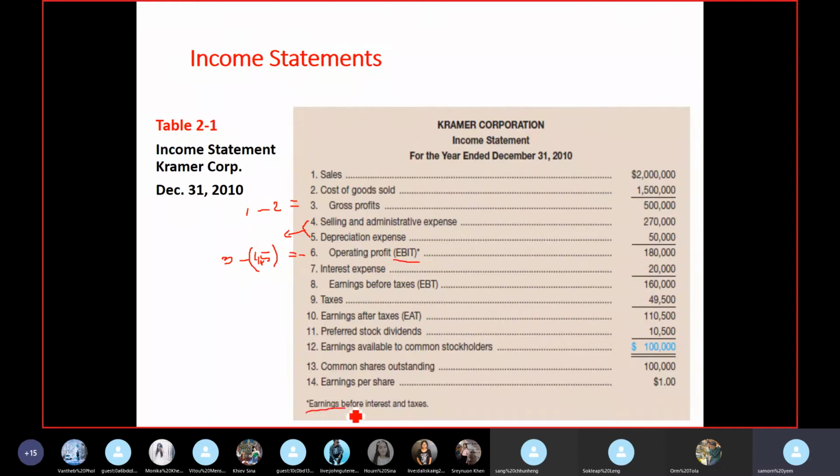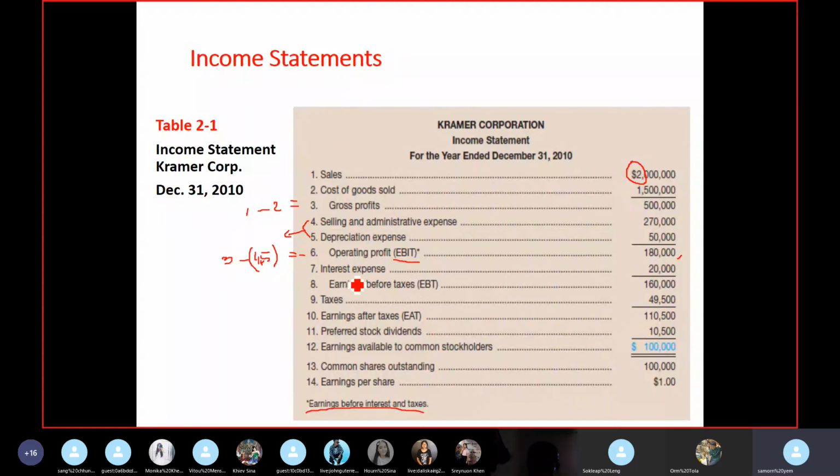The total is $180,000. Everybody has to take note that for the unit of dollar, we start at line number 1.